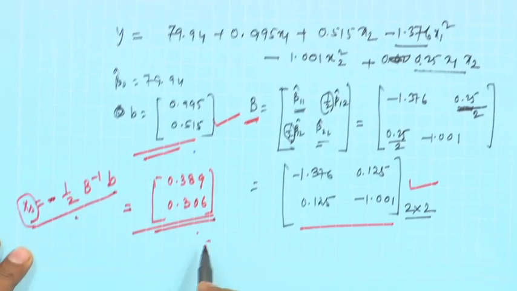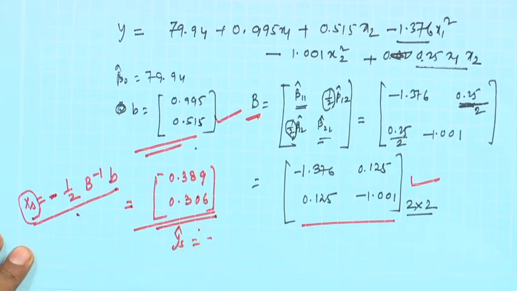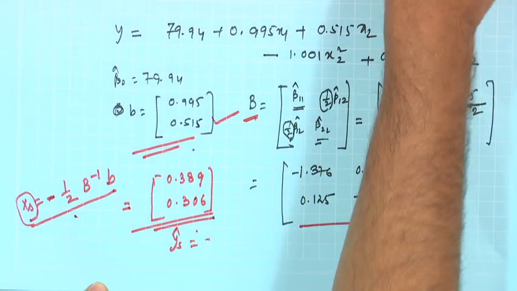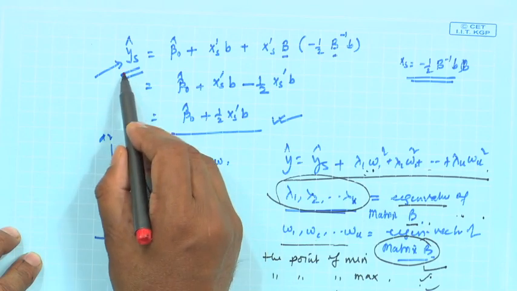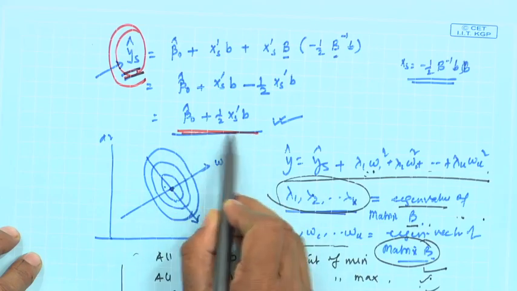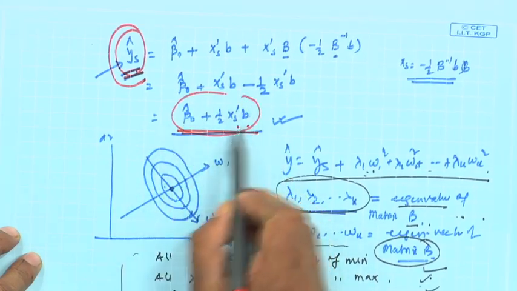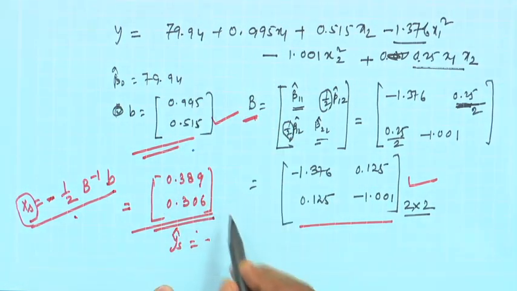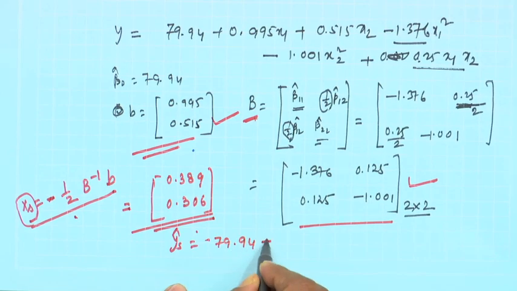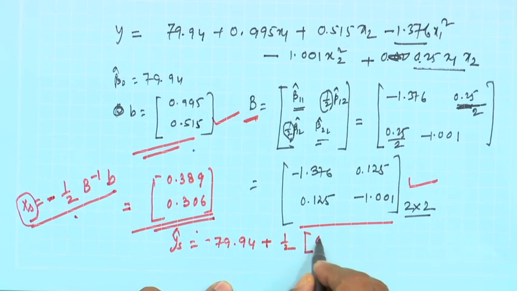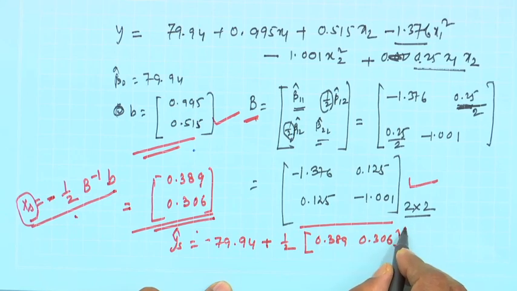Then what you want? You want Ys, this value. So, what is the Ys value we have computed earlier? Ys, that is the predicted Y at S, is beta 0 plus half xs transpose b. All those things are known to us. So, if you apply this, then beta 0 is 79.94 plus half your stationary point transpose, 0.389, 0.306, into b.